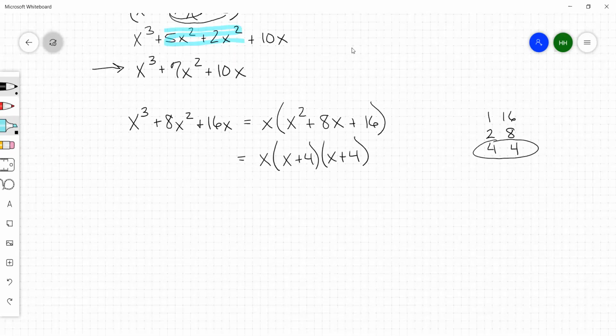And then to simplify, this x plus 4 times x plus 4 becomes x plus 4 squared. So x times x plus 4 squared is your factored form for x to the third plus 8x squared plus 16x. Any questions there?